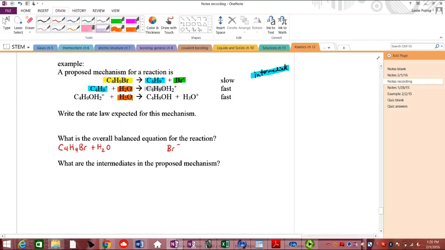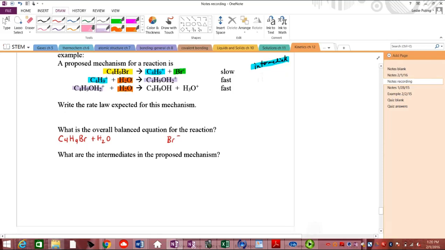We have C4H9OH2 plus that is produced and then used again, so that's another intermediate. So that's all of our reactants.